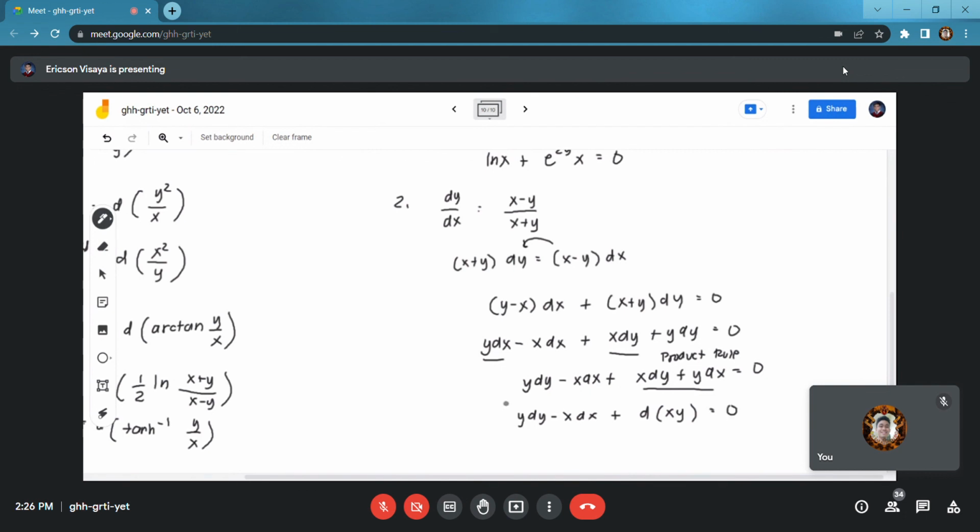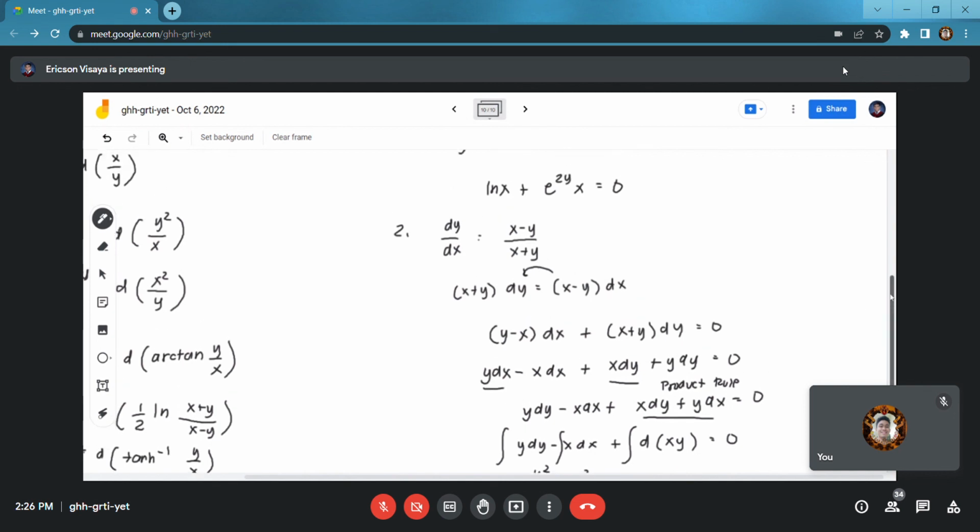Tapos ito, pwede na tayo agad mag-integrate. Integral ng y dy natin, that is y squared all over 2, minus the integral of x dx, that is x squared all over 2, plus the integral of the derivative of xy, that is xy, is equal to c. Mali pala ito, plus is equal to c dapat.